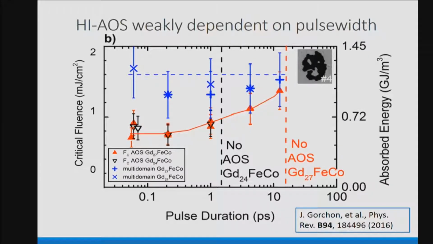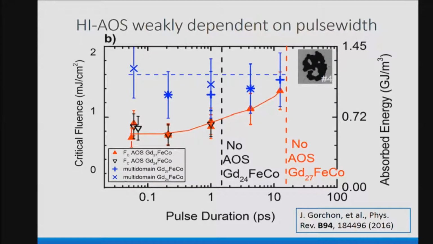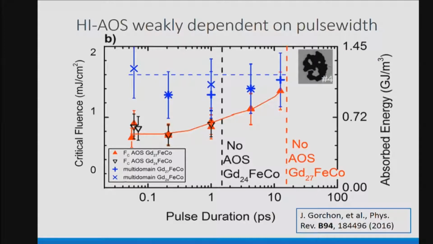And this is plotting the minimum energy density from the laser in units of millijoules per square centimeter in order to induce switching. And what we found, to our surprise, was that the energy density needed going from 100 femtoseconds to 15 picoseconds only increased by less than a factor of 2, which was kind of a surprising result. And I don't have time to go into discussion about the understanding of the physics of that.